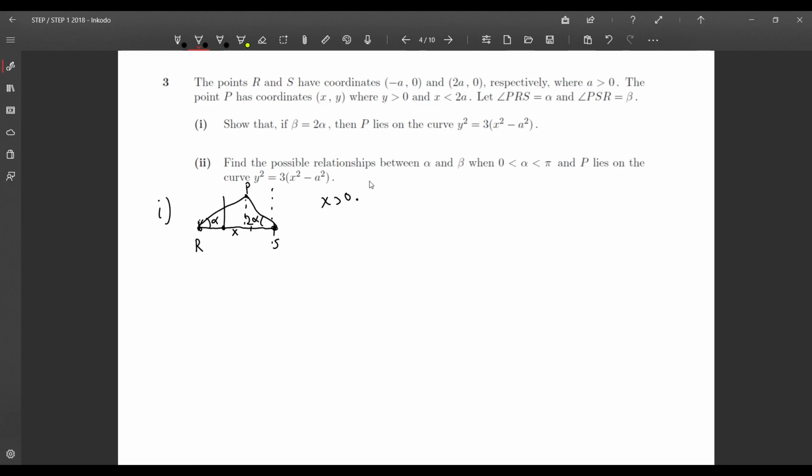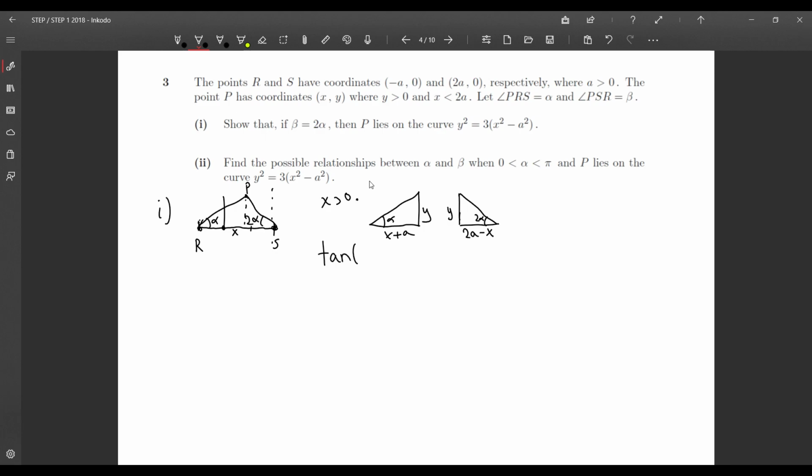So we have y. This is alpha. We have y and x plus a here, and then we have 2 alpha. We have y, and we have 2a minus x here, right? So we have a simple tangent relation.